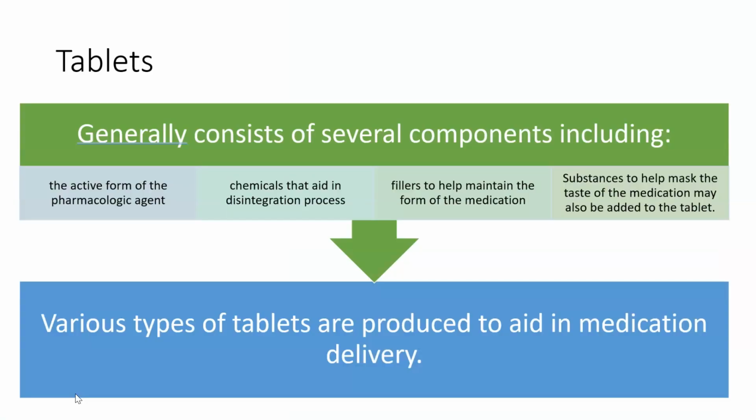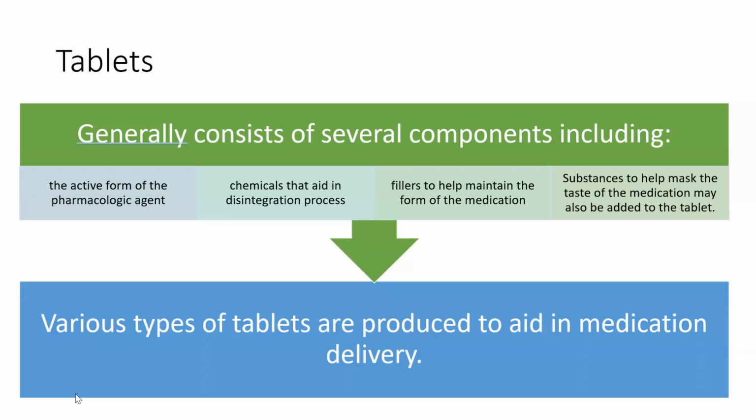Tablets generally consist of several components, including the active form of the pharmacologic agent, the chemicals that aid in the disintegration process, fillers to help maintain the form of the medication, and substances to help mask the taste of the medication may also be added to the tablet.